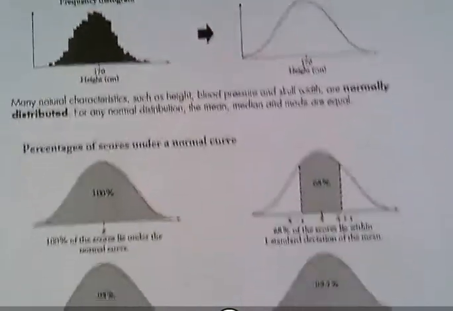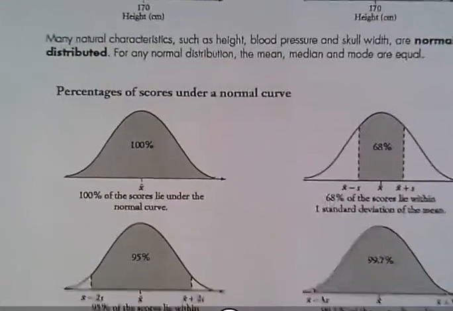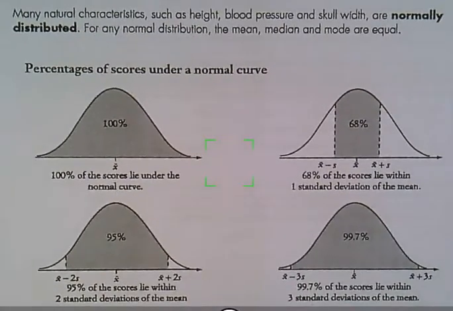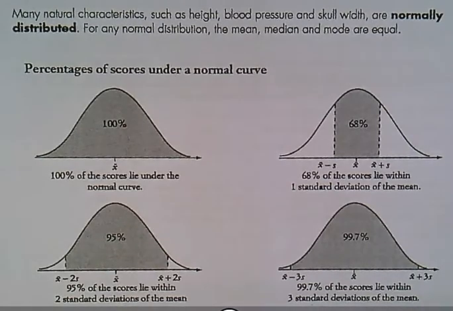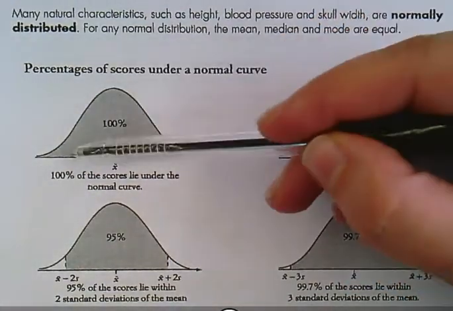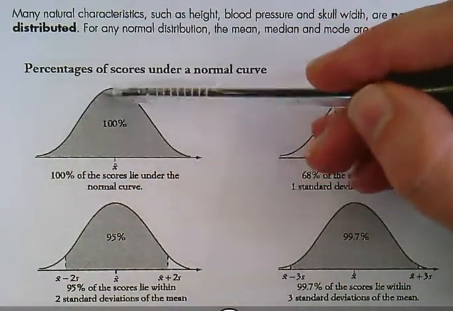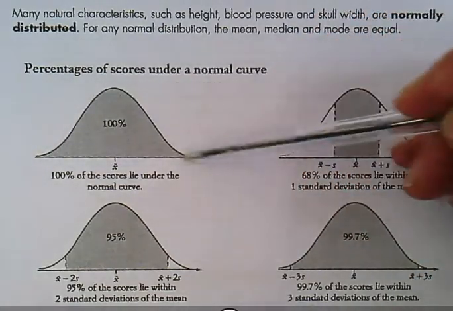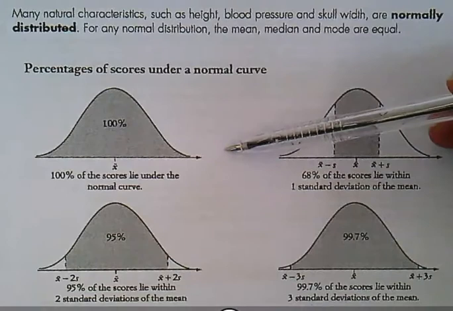Now, many natural characteristics such as height, blood pressure, skull width, like the diameter of the head, for example, are normally distributed. So in other words, we can draw the results in a histogram, and if I draw a curve over the top of it, it will look like that.